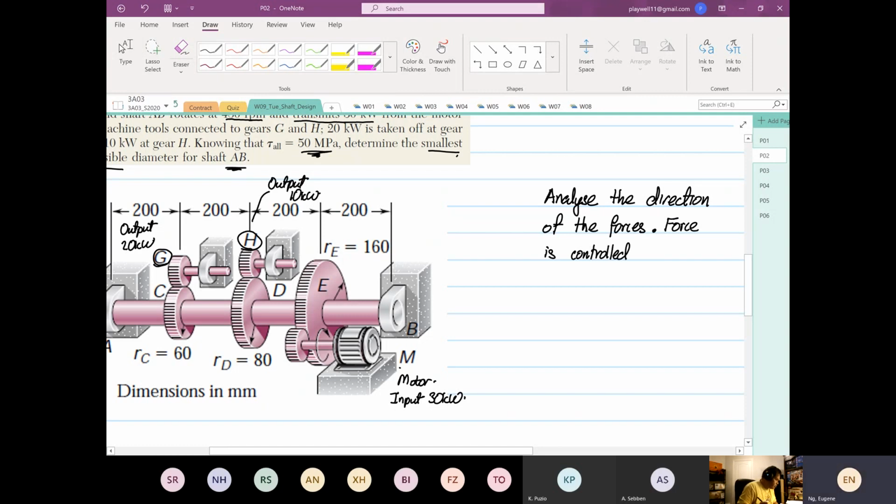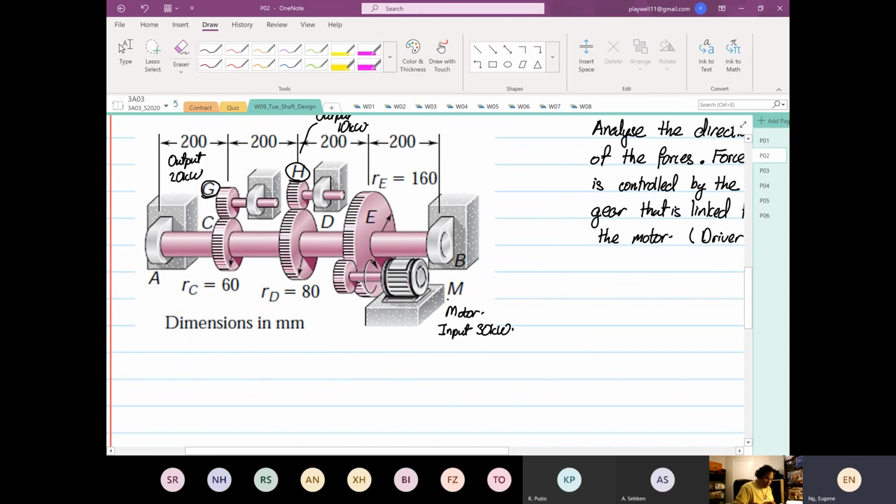The force is controlled by the gear that is linked to the motor. We usually call it the driver gear.